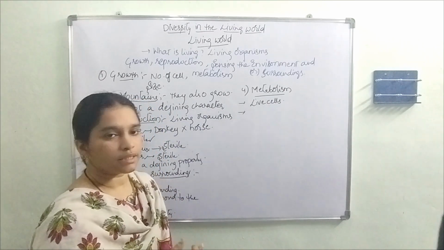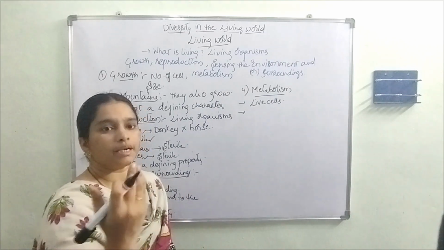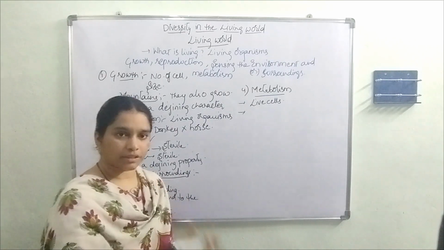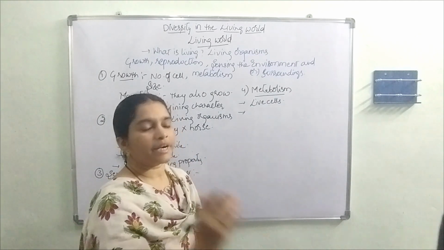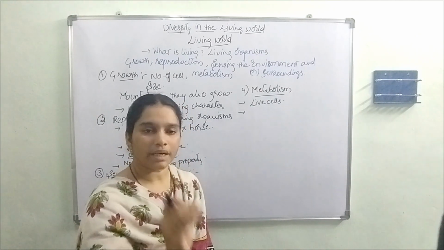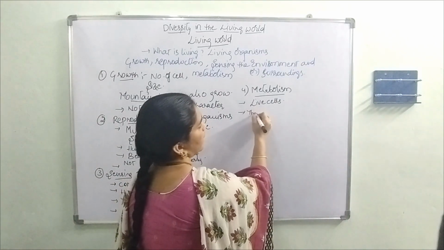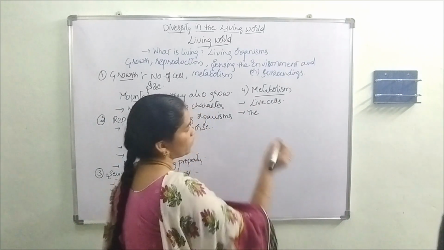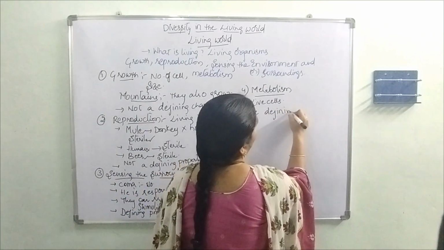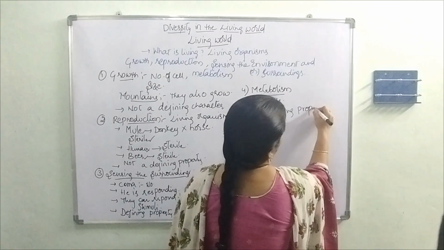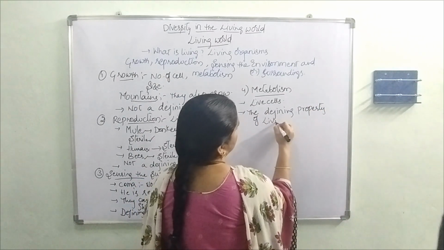Metabolism is a process through which some of the processes such as digestion, respiration, excretion, and these are all the processes which come under the metabolism. So metabolism is a process which occurs only in the living cells. So this makes it a defining property of living cells.